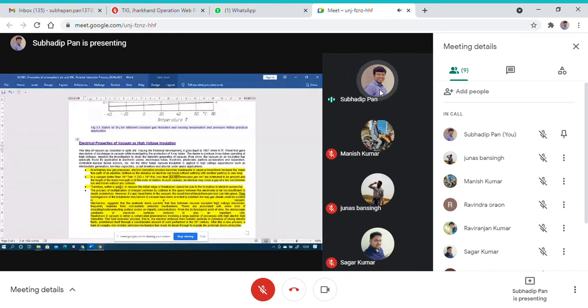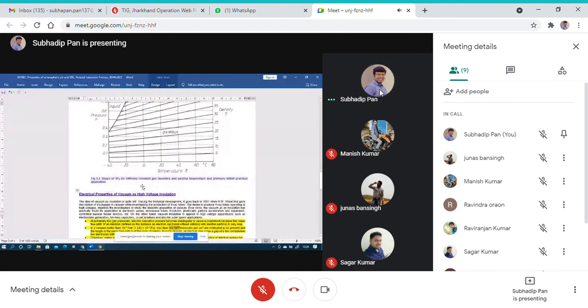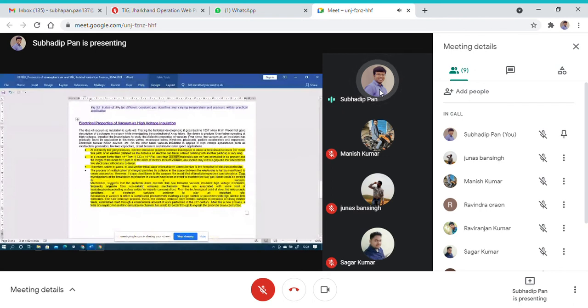That's why in circuit breaker applications, we normally use three different types of circuit breaker: one is the air circuit breaker, another is the vacuum circuit breaker, and the SF6 circuit breaker. So those are the properties of various gases available in our atmospheric air in a dry state. I think today we will stop our lecture.